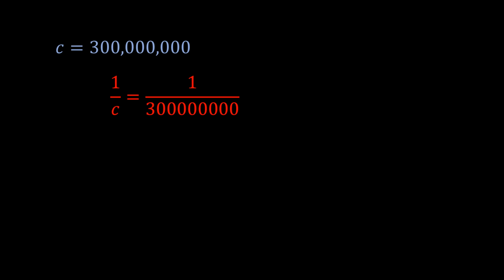You have been told that nothing can travel faster than the speed of light c, which is 300 million meters per second. If that is true, then nothing can ever travel slower than 1 over c in terms of magnitude, which is 3.3 exponential minus 9. That is pretty close to 0, but not quite 0. And this number is a very big number when it comes to atomic scales.